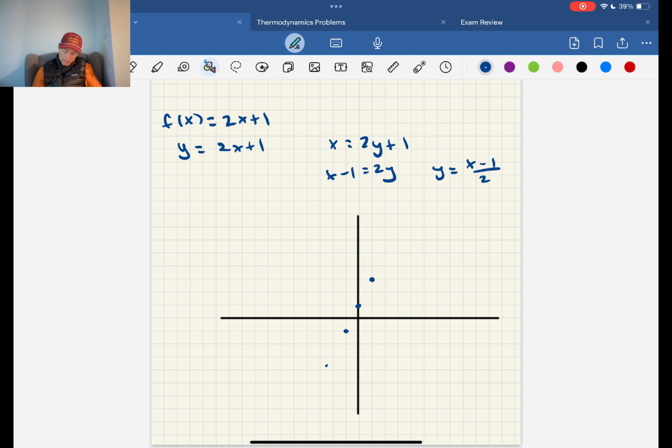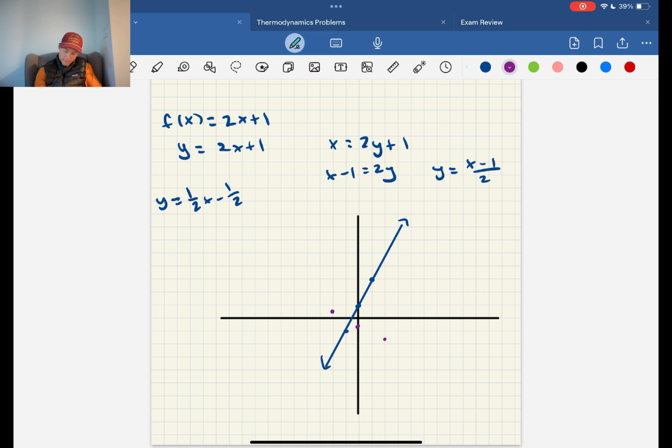So here's 2x plus 1. And then its inverse is y equals 1/2 x minus 1/2, which we solved for here. So we're going to go down 1/2, 0 comma -1/2 is the y-intercept, and then from there we go up 1 over 2, and we go down 1, back 2.